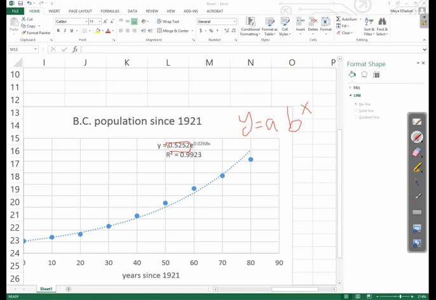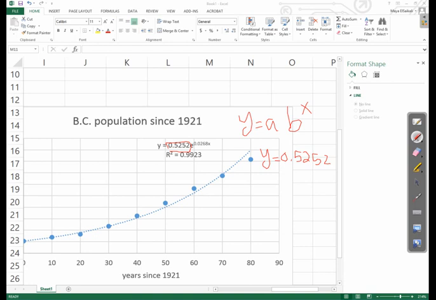So on your calculator, I need you to find the letter E. It's a button that has an E on it. So you're gonna find that, and then you're gonna raise that E to the power of 0.0268. So find that E button. Yep.